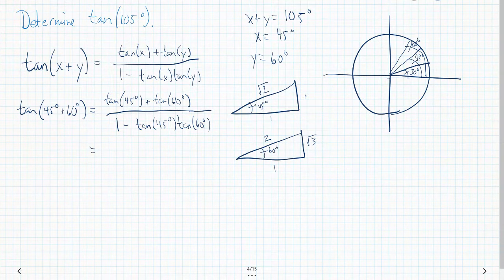Okay, so tangent of 45 degrees, notice it's opposite over adjacent, so it's 1 over 1, which is just 1. And then tangent of 60 degrees is square root of 3, opposite over adjacent is square root of 3 over 1, which is just square root of 3. So notice you get that, and then you get 1 minus, you get 1 times square root of 3.